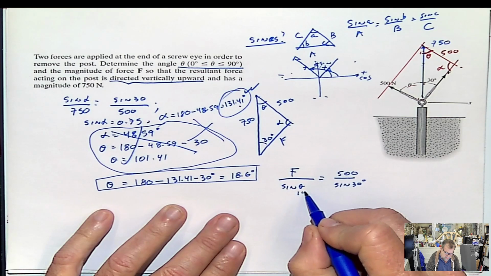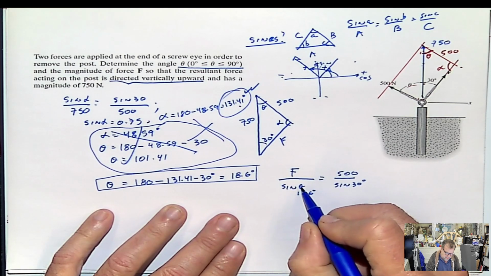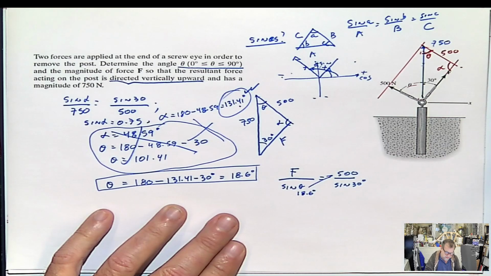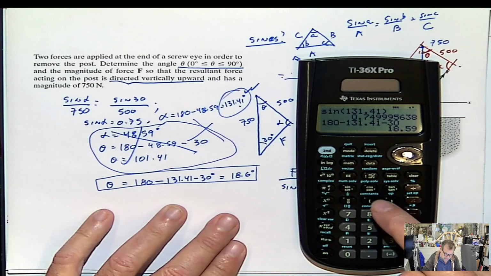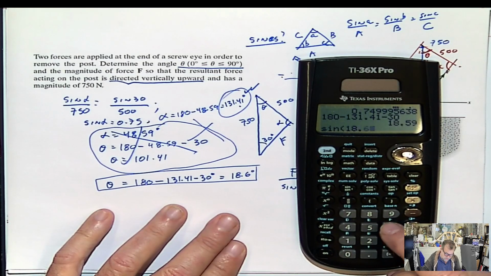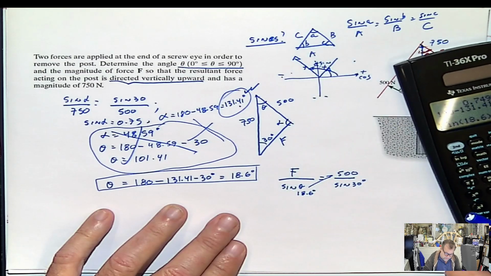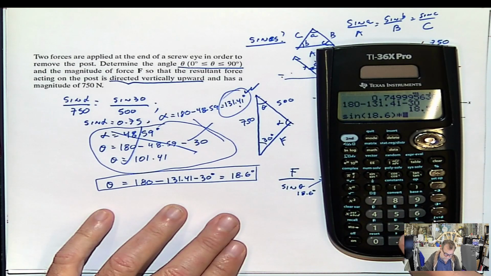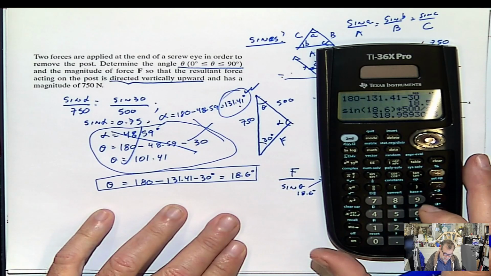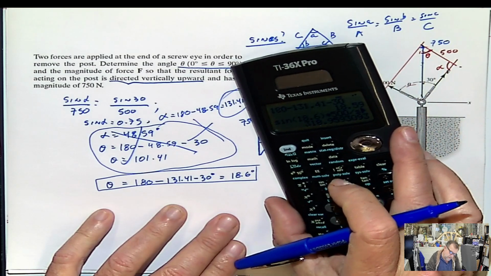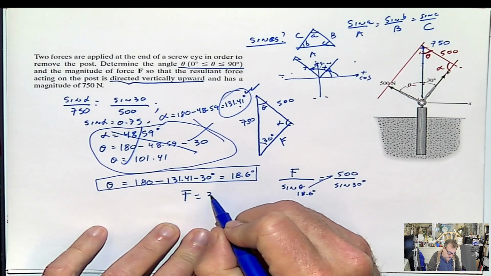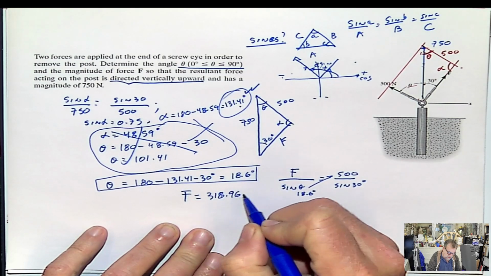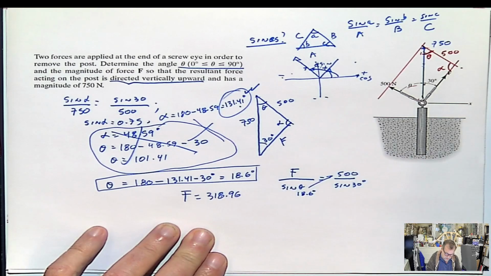Remember, this is 18.6, and I can pass this to that side. So it's going to be the sine of 18.6 multiplied by 500 divided by sine of 30, which is 0.5, and that will be 318.96. So F will be 318.96. Now the units, Newtons.